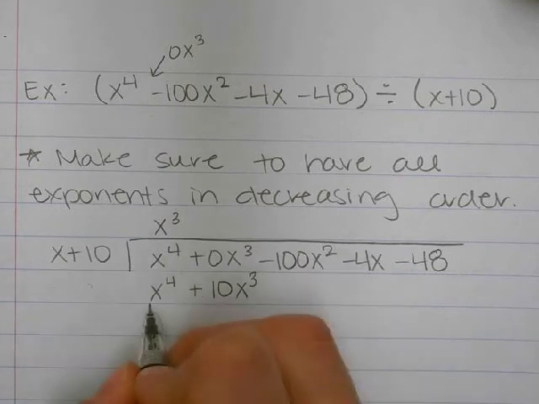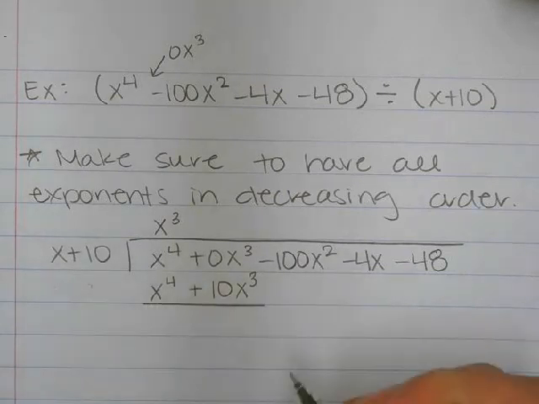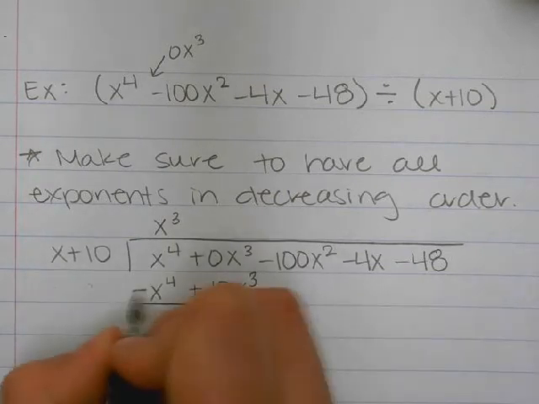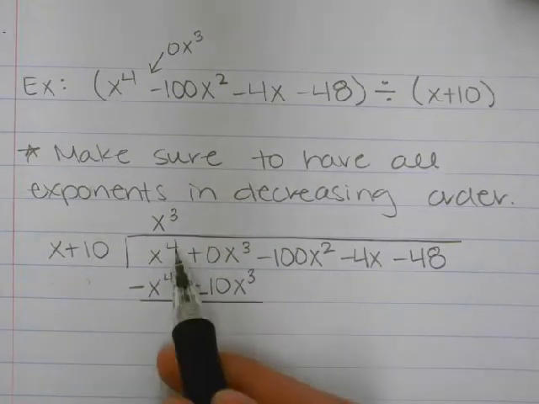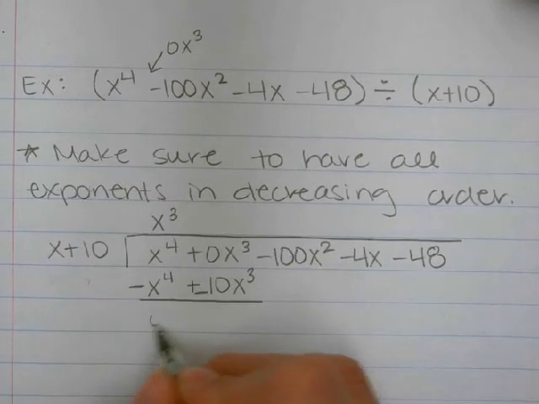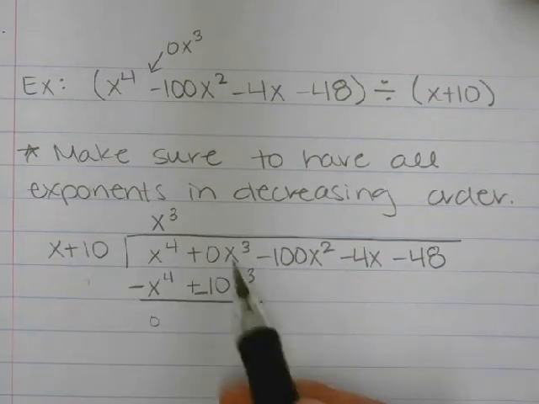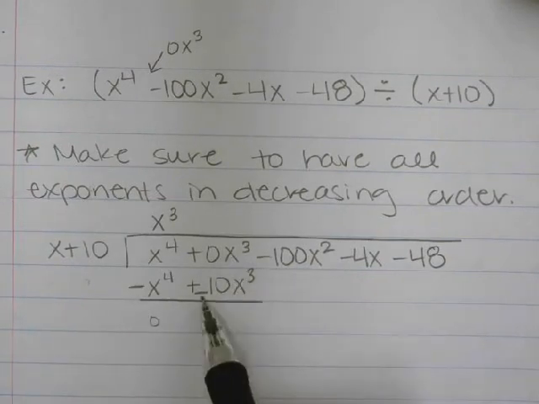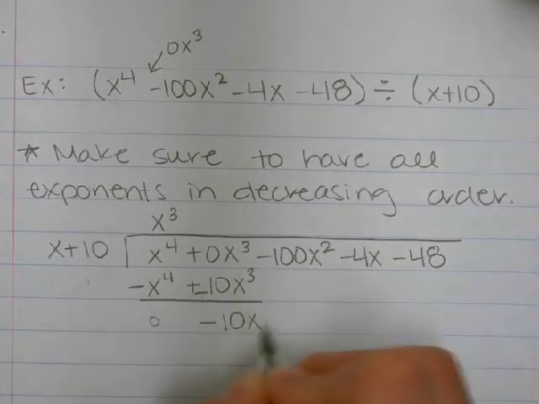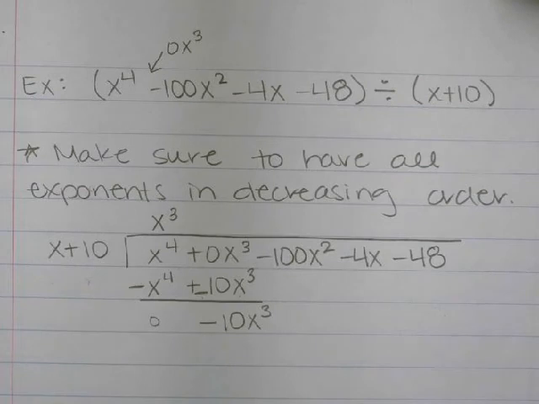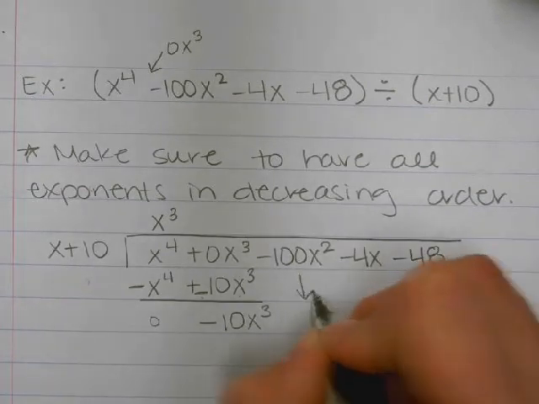And then I'm going to draw my line underneath them, and when I do that, I change the sign of each term. So x to the fourth minus x to the fourth is 0. 0x to the third minus 10x to the third is negative 10x to the third. And then I can drop down my next term.